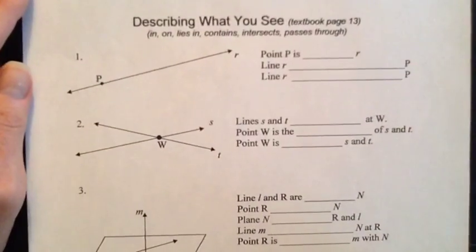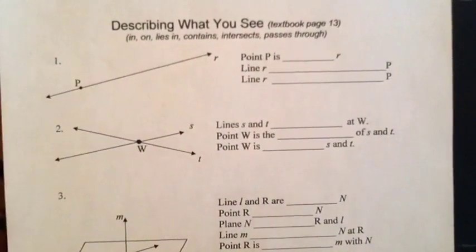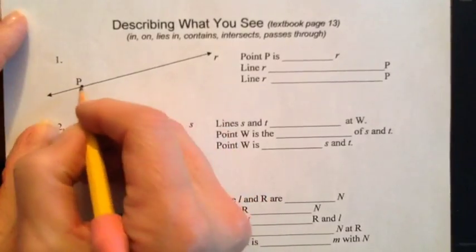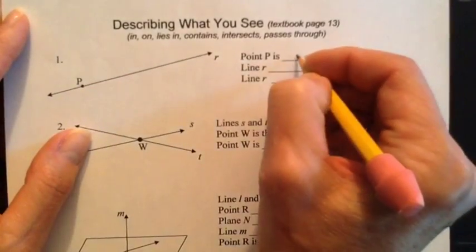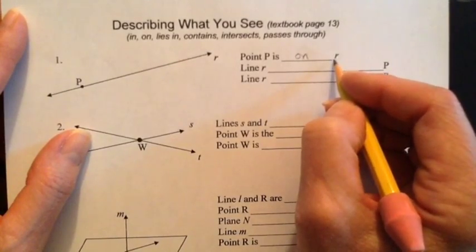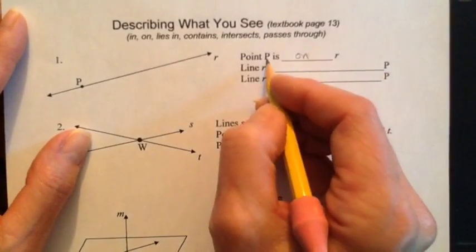Okay. Now that we have the terms, let's just take a look at a few pictures here. All right. So this point P is on line R. I know that's a line because it's lowercase script. I know this is a point.